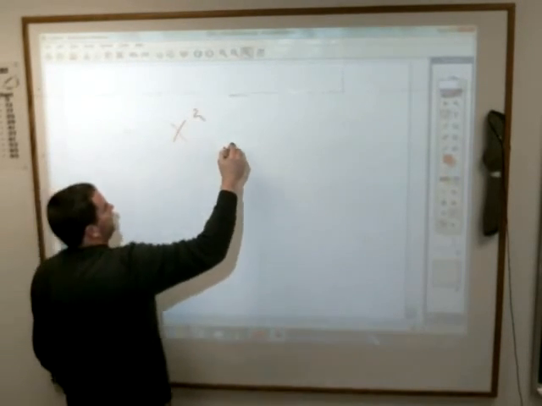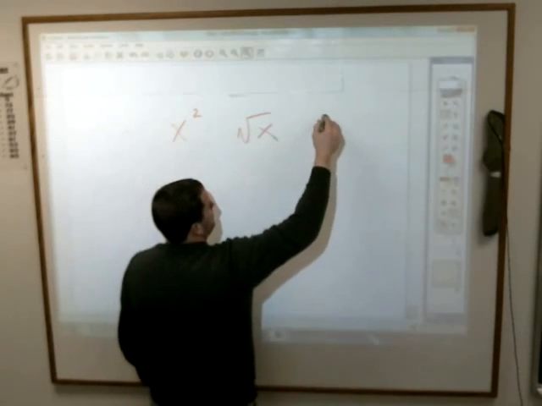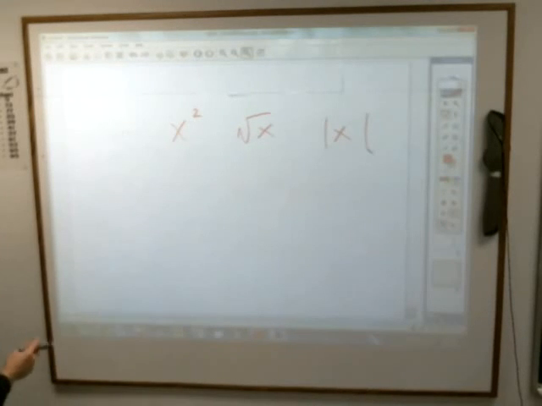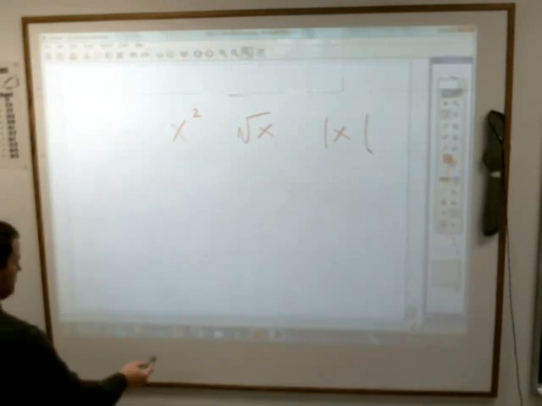We've got the x squared, the square root of x, the absolute value of x, and is that it? Were those just the 3? I want to make sure I didn't miss one. I don't get a chance to talk about these very often. You see? Take a look at page 183 then, children.